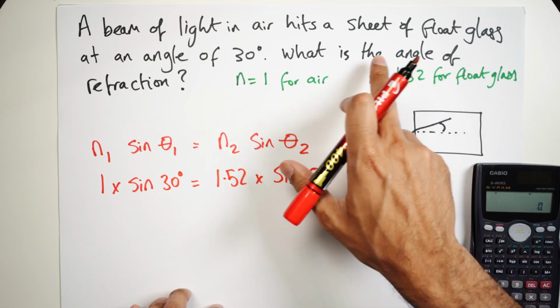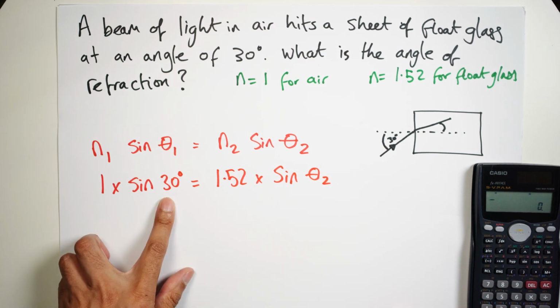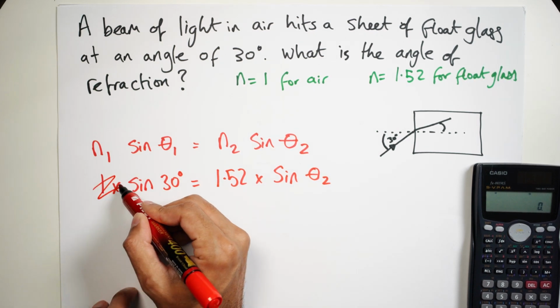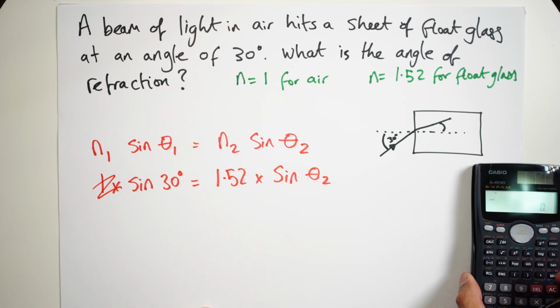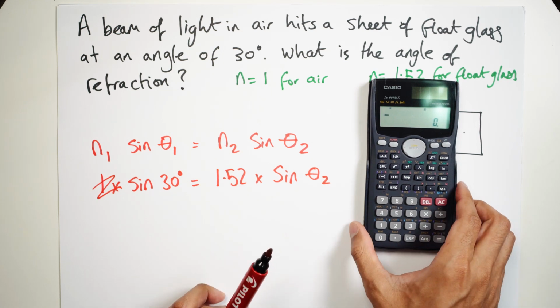Now, angle of refraction, that's theta 2. We don't know what that is. That's what we've got to work out. So let's first of all work this out. Now, 1 times anything is that particular number, so we can ignore that completely. So sine 30 equals 1.52 times sine theta 2.